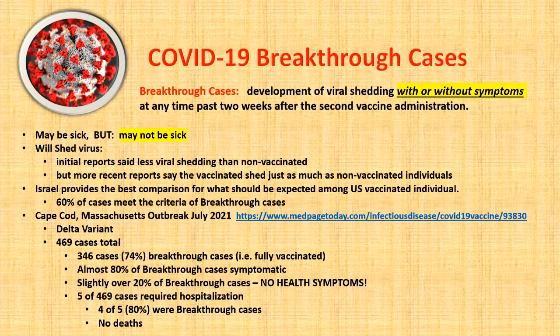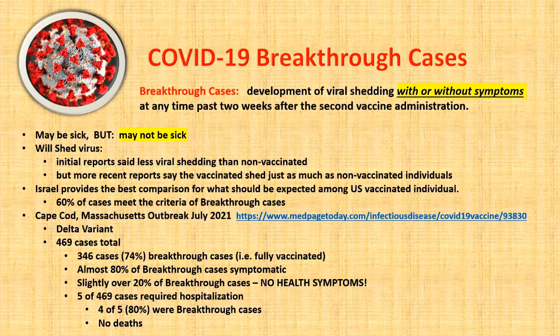Okay, so you probably have heard about breakthrough cases. And when they're talking about breakthrough cases, they're talking specifically about the vaccine, but you could also talk about other preventative methods. They thought originally that those who had breakthrough cases were all going to be sick. But what they have found out is that you can be fully vaccinated and get COVID and still be shedding and have no symptoms whatsoever, in which case you're going to shed for about 10 days, and nobody's going to know it.